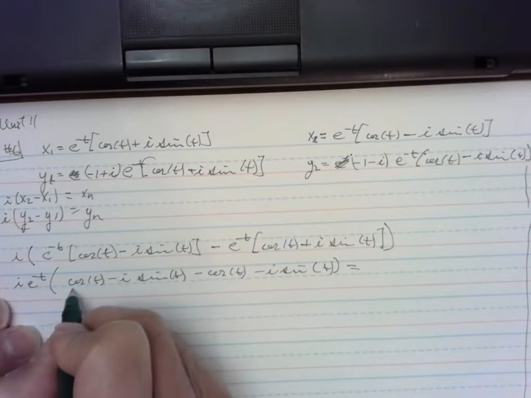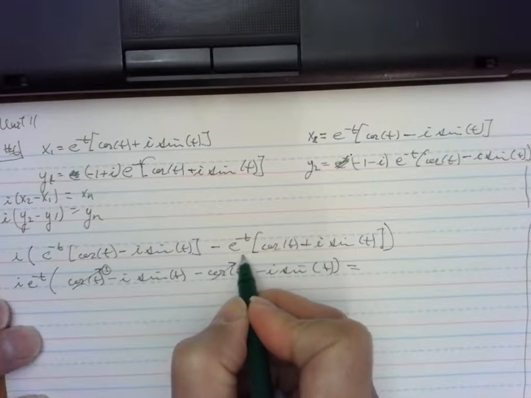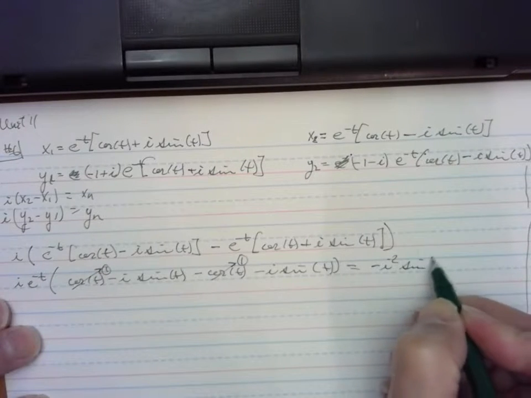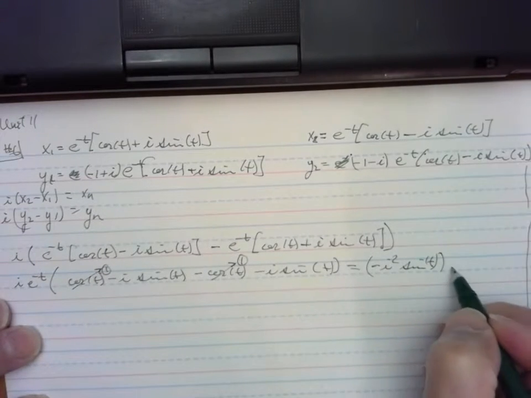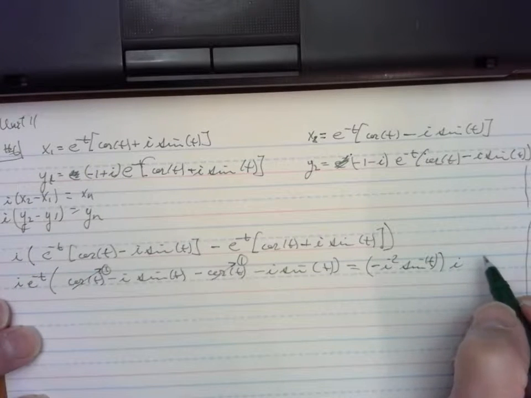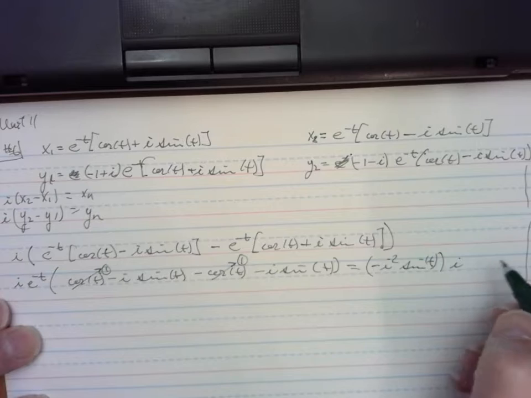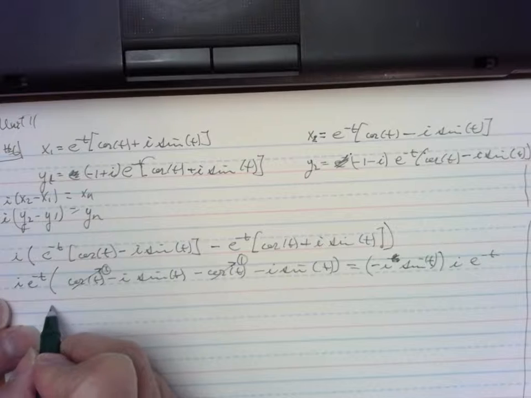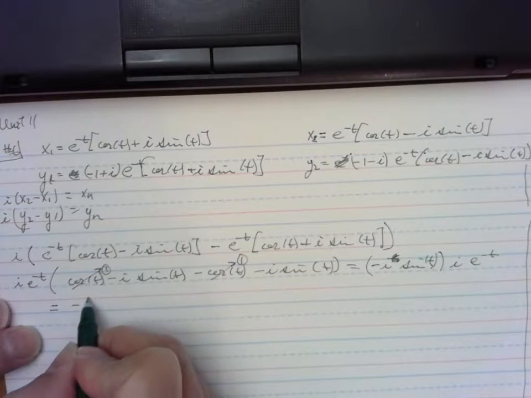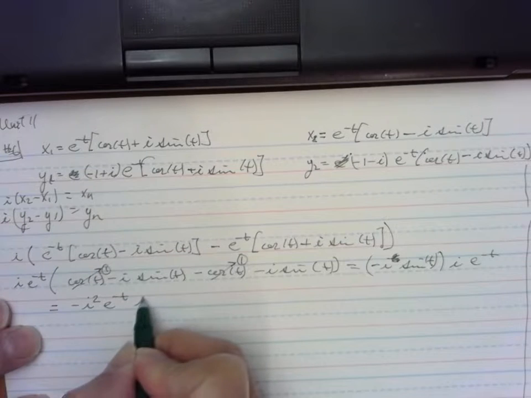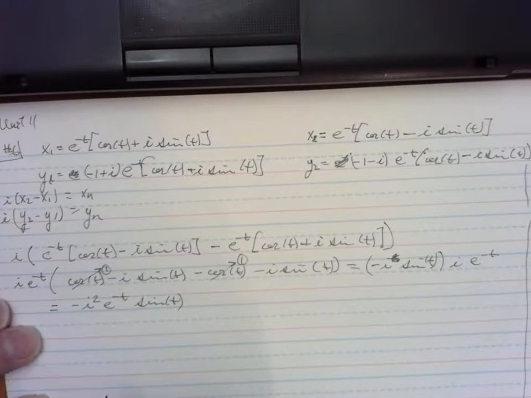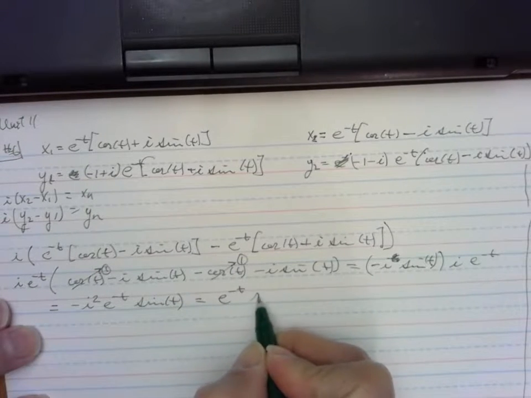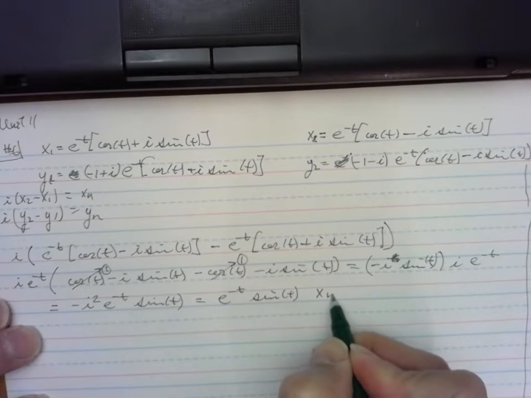And if you look at this, you'll notice that the two cosine terms will add up to 0, and you'll get a minus i sine of t from that, and that's all multiplied times an i, and e to the minus t. And we do all our math. I get minus i squared e to the minus t times sine of t, and then i squared is equal to -1, so this turns out to be this. So that's my new x.